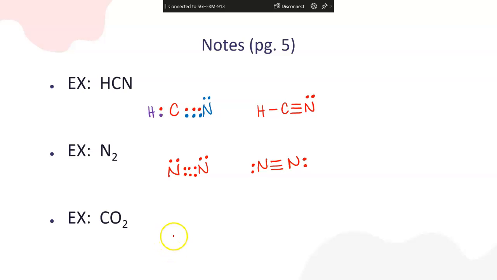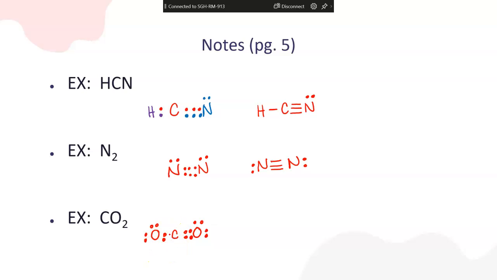And then carbon dioxide we did in lesson 5. Carbon has 4 valence electrons. Oxygen has 1, 2, 3, 4, 5, 6, and we will repeat that on the other side. And then oxygen needs to share another pair, so it'll take 1 from carbon and share.